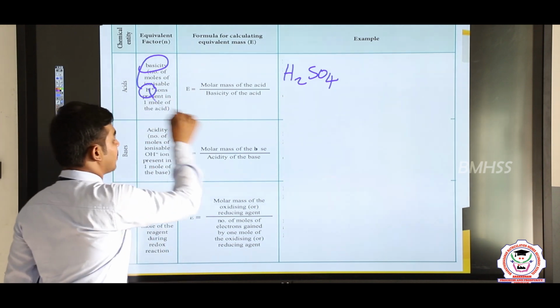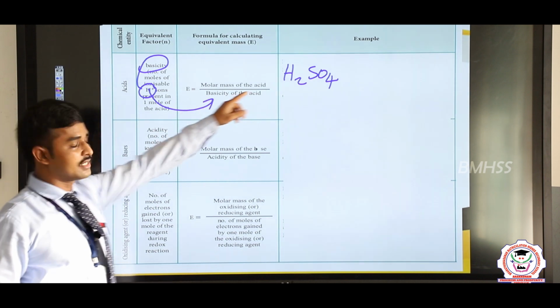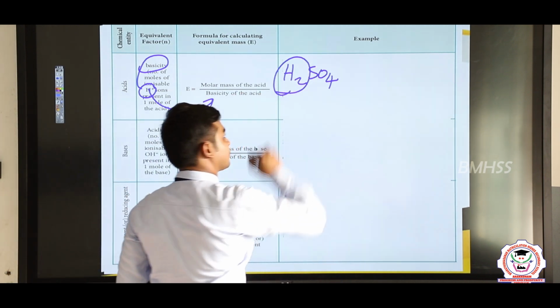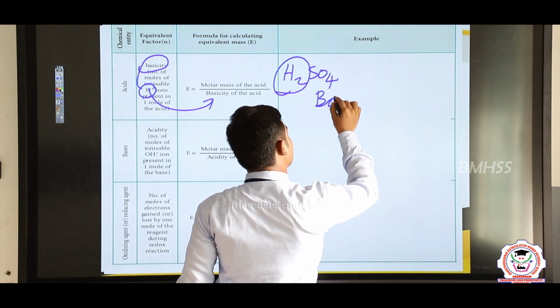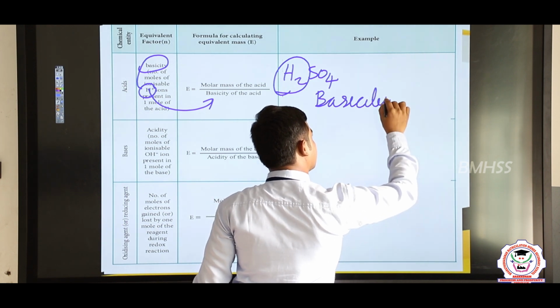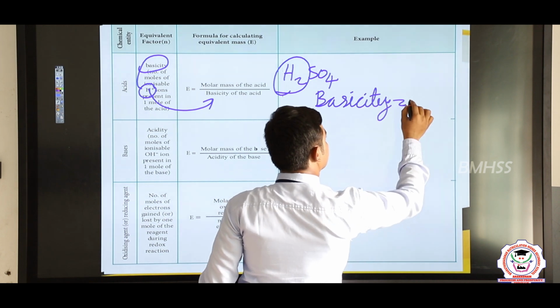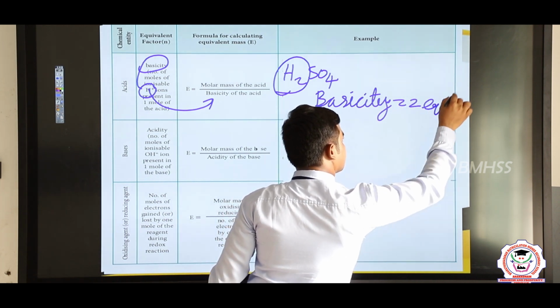So, we only need to divide the molar mass by it. The number of H plus ions present in sulfuric acid is 2, the number of hydrogens. So, the basicity of this acid is 2 equivalent inverse.